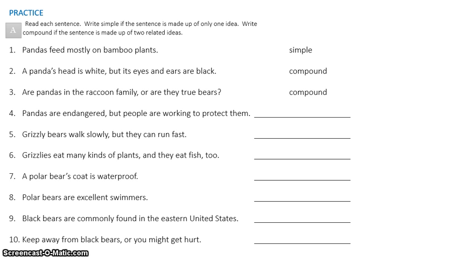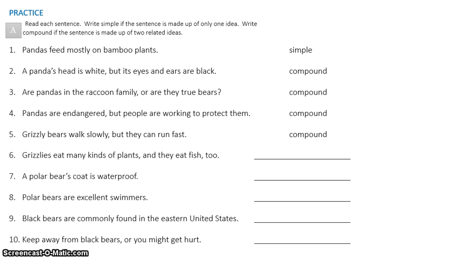We see two separate sentences put together by the coordinating conjunction but, and it has a comma in front of it, so that is going to be compound. Number 5, grizzly bears walk slowly, but they can run fast. We have two separate sentences that were combined by using the coordinating conjunction but, and it has a comma in front of it, so that is also going to be compound.